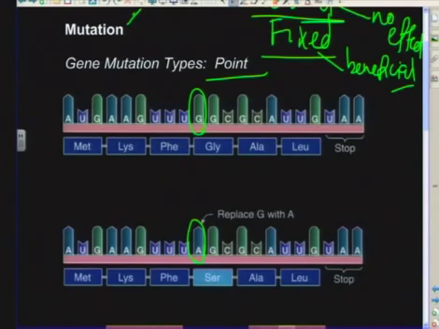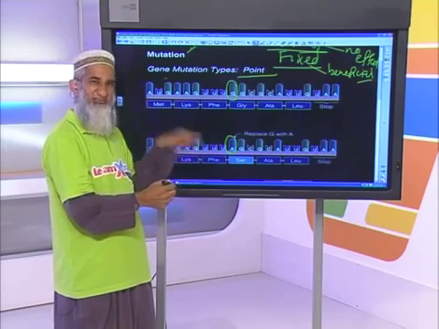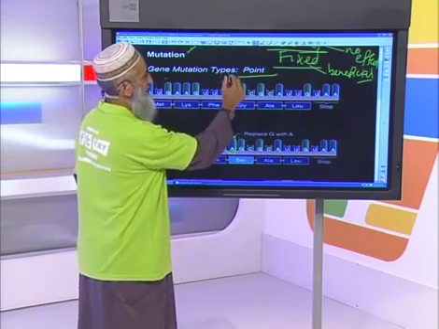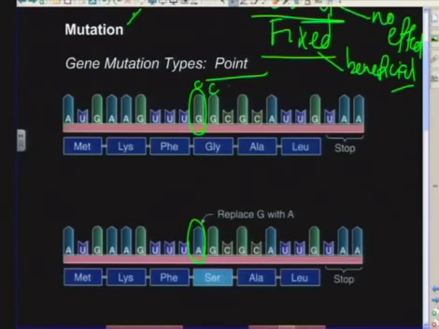Now, because of this code, obviously the transfer RNA that comes here would have to be different. Here, the transfer RNA that will come here will have C, C, G. Now, we have to have U, C, G. Originally, that transfer RNA, CCG, was coding, for example, for glycine.